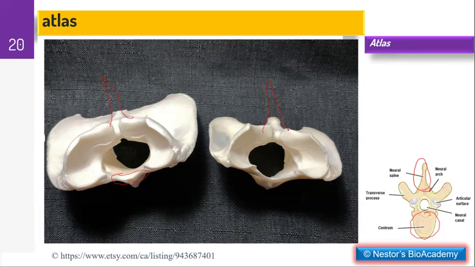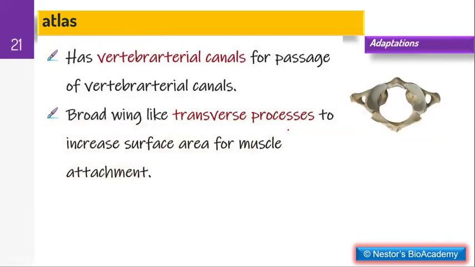If we were to describe the adaptations of the atlas bone, what would we talk about? So the atlas bone has got vertebral canals, their significance being for passage of vertebral, take note of this, for passage of vertebral blood vessels, and of course nerves.